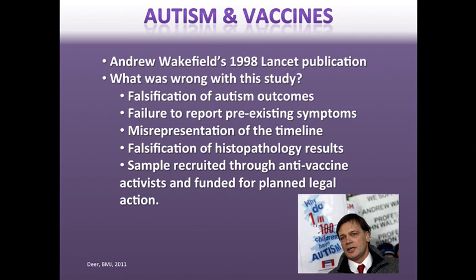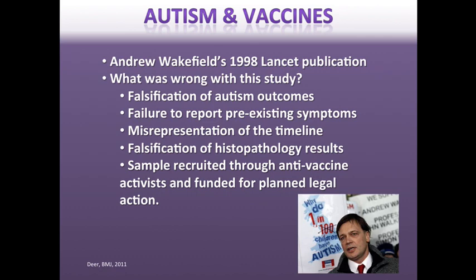Additionally, this study and the type of thing that they were asking about, the possibility of a connection between the vaccine and autism, actually was a reasonable question to ask at the time. There was some biological reason to start doing studies like this. However, that study in particular is notable because it was mostly falsified and misrepresented.